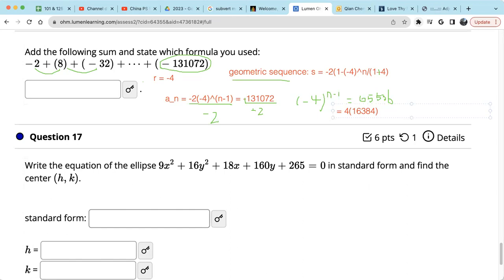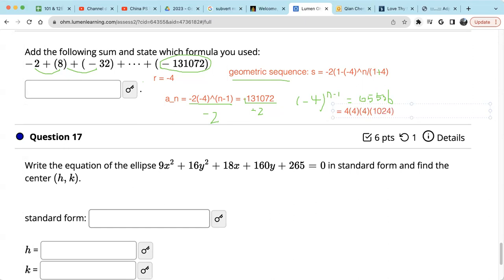Divided by 4 again. So now I have 4096. Then I divide this by 4 again, I get 1024.